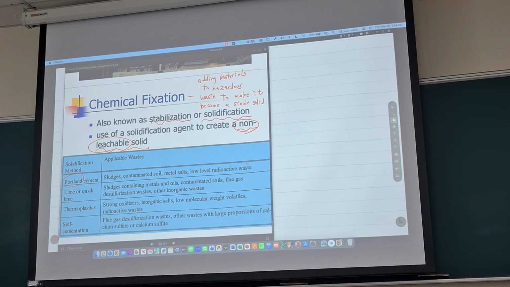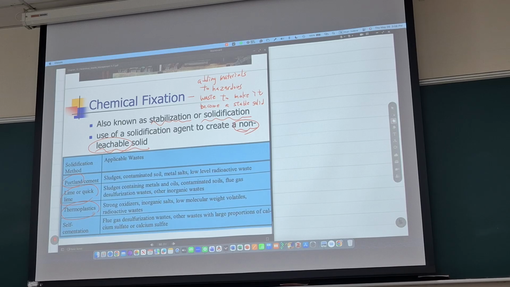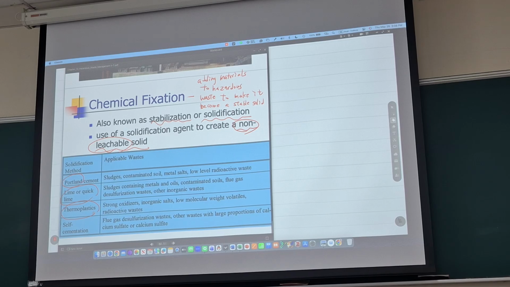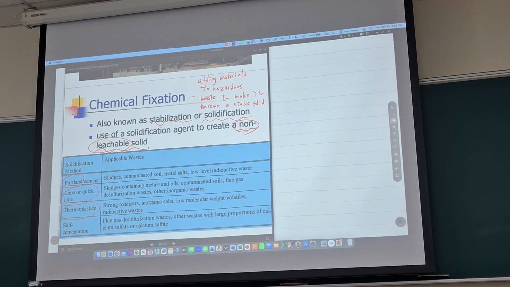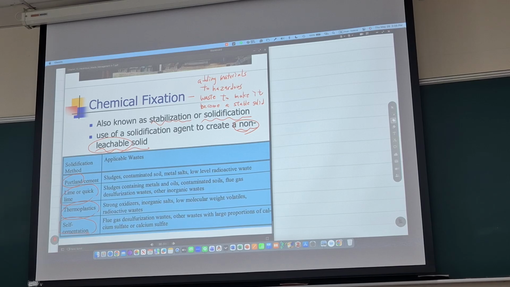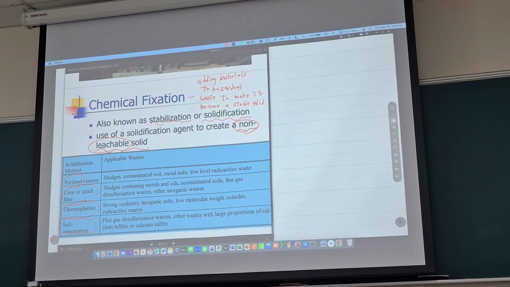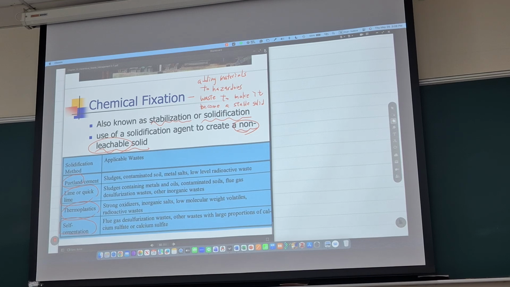We can also add lime or quicklime. We can also add some thermoplastic, which is good for strong oxidizers and organic salts. And we might also add some self-cementing materials. Understand? So we already finished the hazardous waste.